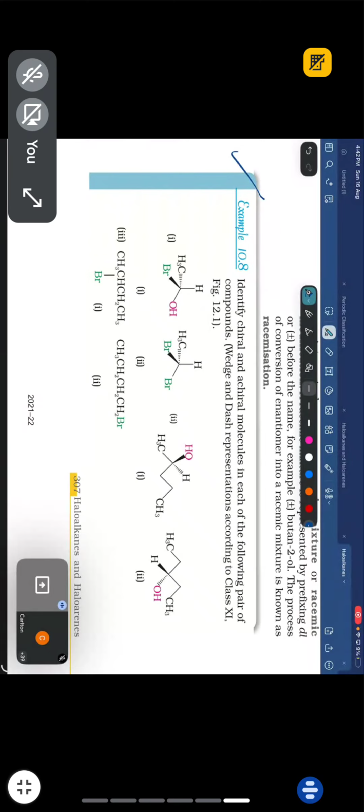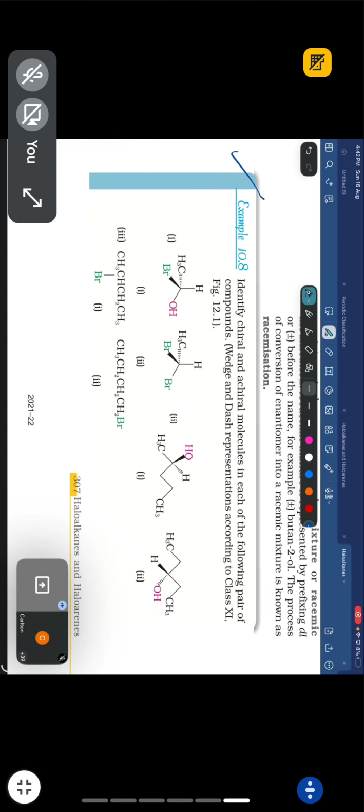Identify chiral and achiral molecules. Again, tell me what does chiral mean? Optically active compounds are called chiral. Optically inactive compounds are called achiral. A chiral compound can exist as dextro and levorotatory. The second thing I need you to understand: can you do the performance experiment each and every time?